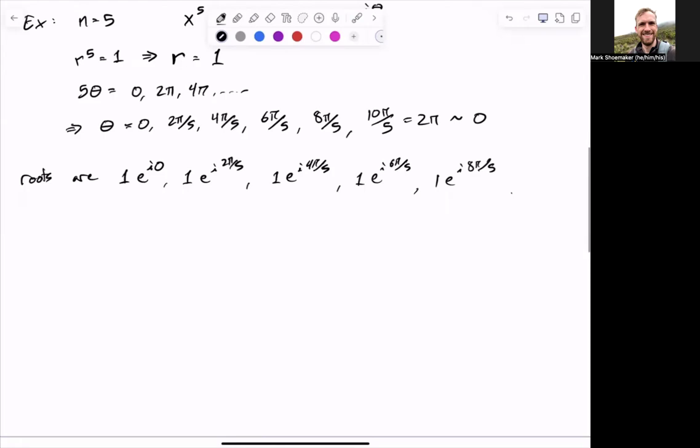And if I draw a picture of this, all of these have distance 1 from the origin, which means they lie on the unit circle. And the first one lies on the positive real axis. And then the rest are evenly spaced around the unit circle.